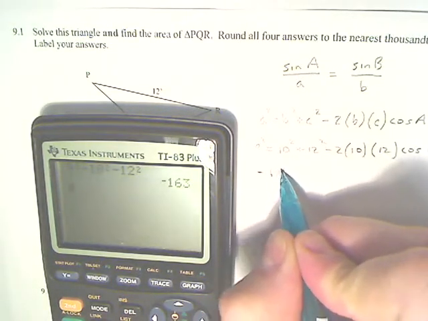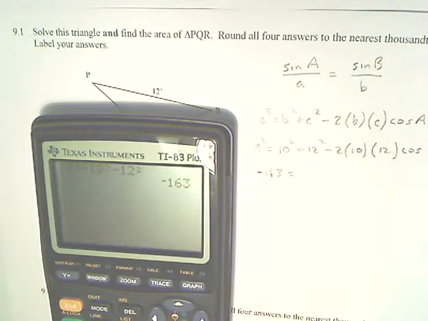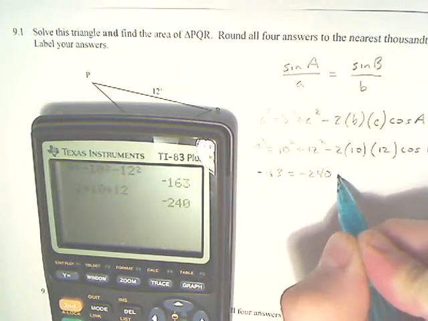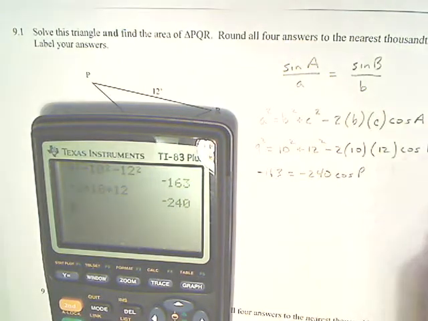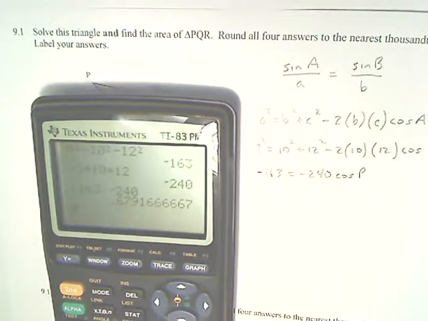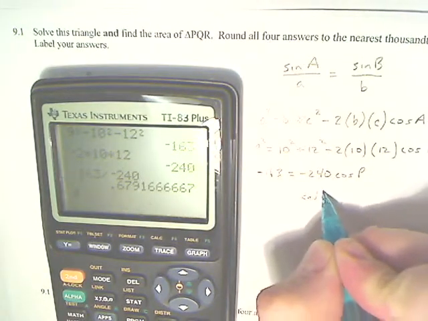Negative 163 is equal to these three multiplied together. Negative 2 times 10 times 12 is negative 240, which is still times cosine P. So we divide that negative 163 by the negative 240, and now cosine P is by itself.